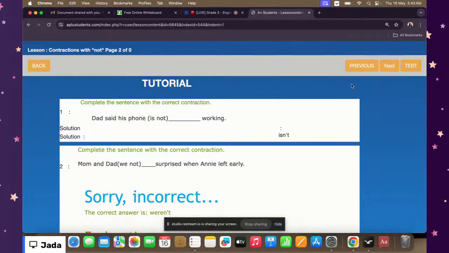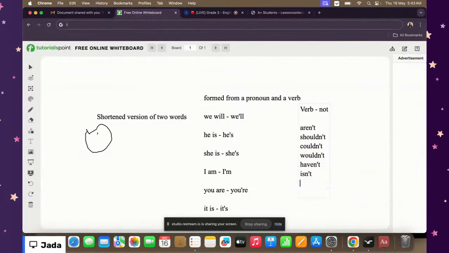Mom and dad were not surprised when Annie left early. So we're not surprised when Annie left early. So we also have we're not.